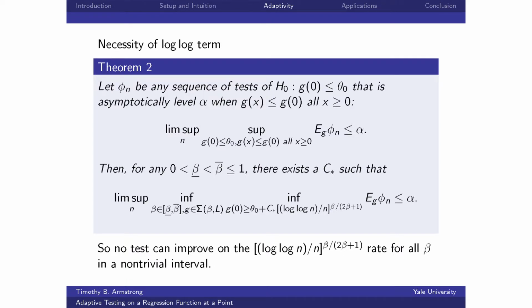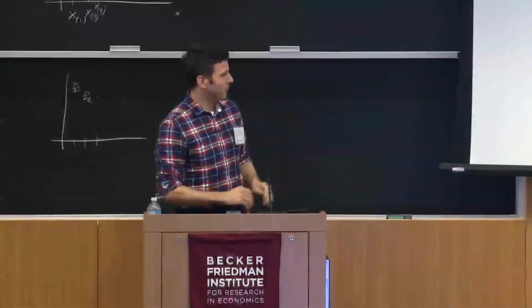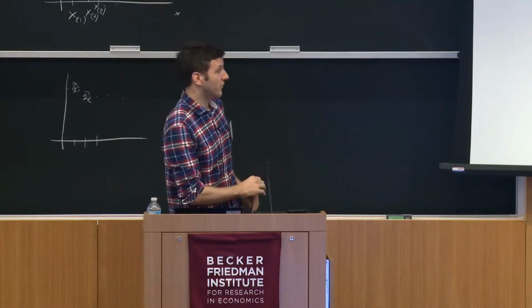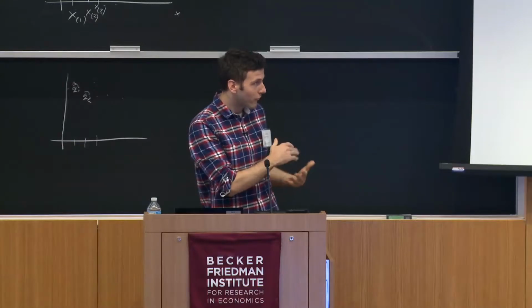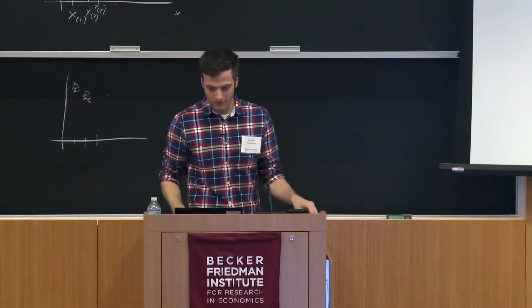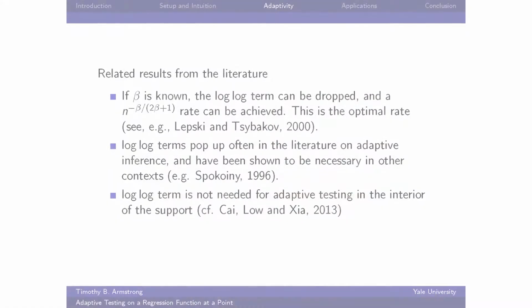And then you ask, how well can I do in terms of weighted average power for that grid, where the grid is increasing? So that's a bound on the worst-case power, but it basically amounts to bounding the power of the average likelihood ratio test for that prior, so to speak, over the approximately least favorable prior over the alternatives.